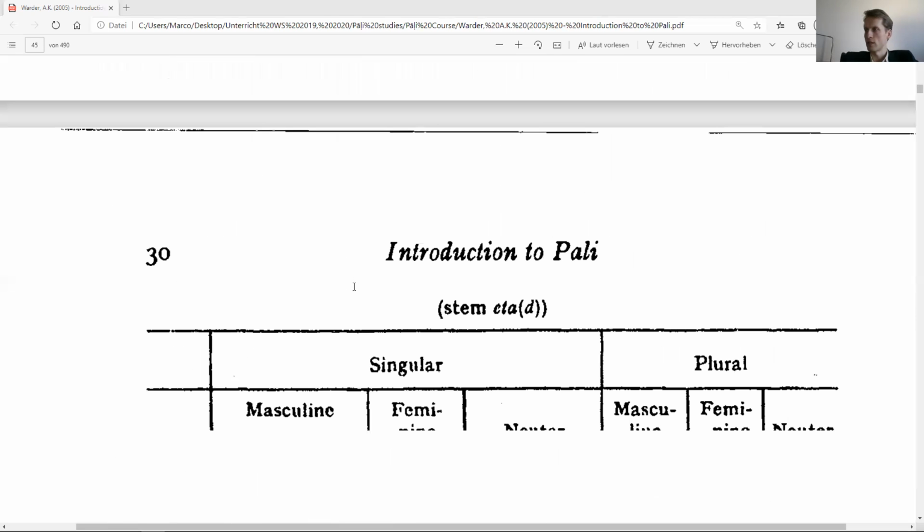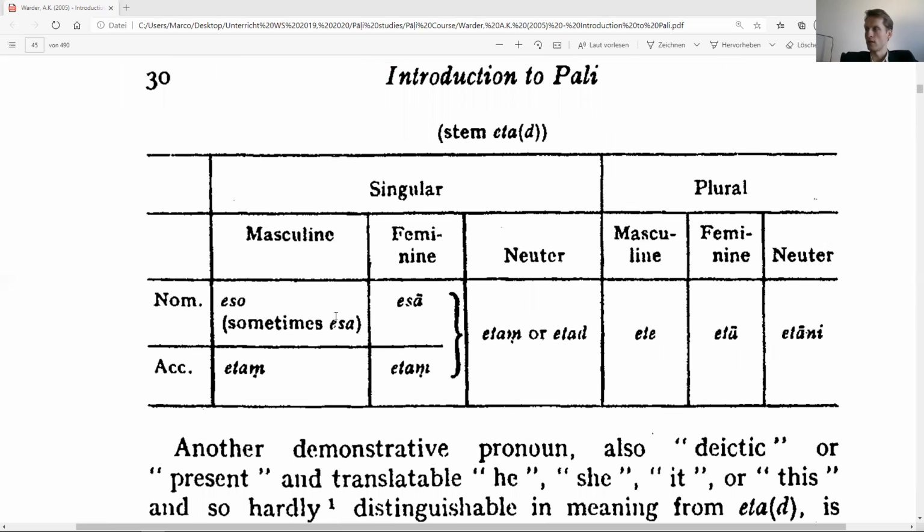So just as we have so and sa and sa in the feminine, we have eso, esa in masculine and esa in the feminine, as we have tam in the masculine and accusative and feminine accusative, we have etam, and in neuter we have etam and etat, as we have before tam and tat, and in the plural we have ete, eta, etani, as we had before as te, ta, and tani.